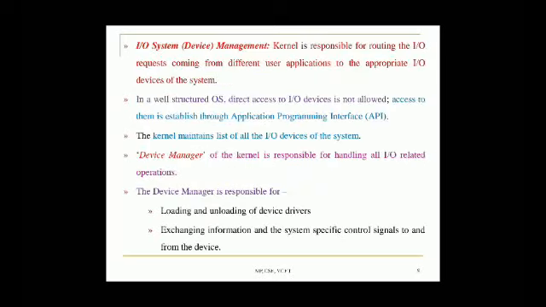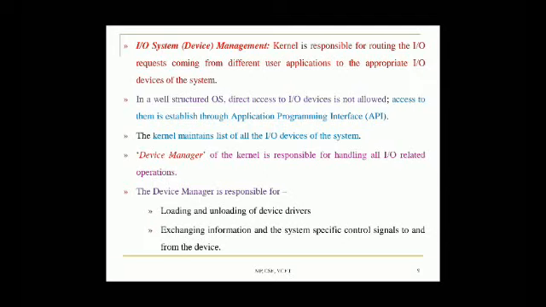Coming to our next point, input output system management is one of the services offered by the kernel, and it is responsible for routing the input output requests coming from different user applications to the appropriate input output device of the system. In a well structured operating system, generally direct access to input output devices is not allowed.